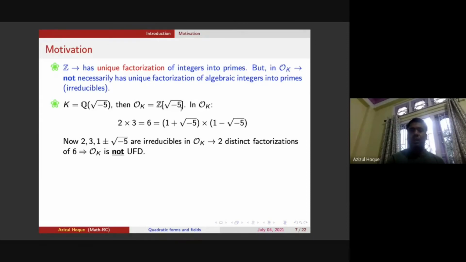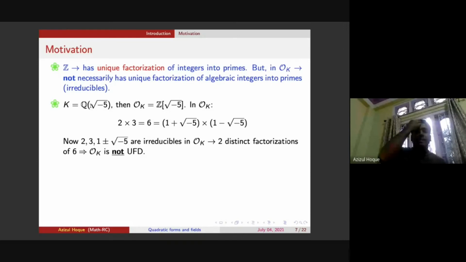If I look at just the integers, so here this 6 has a unique representation, that is 2 into 3. But if I allow this ring, then we have one more representation. That means 2 representations are there. Okay, so in this case, the class number of this K is 2.